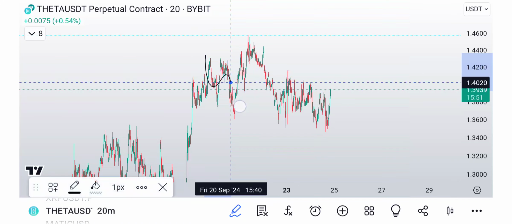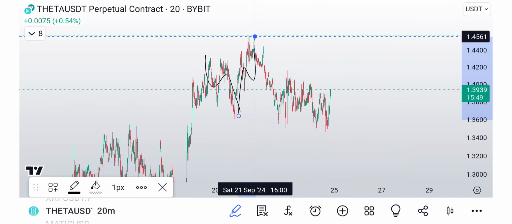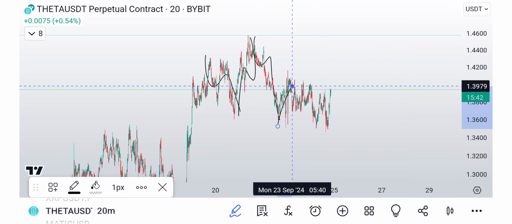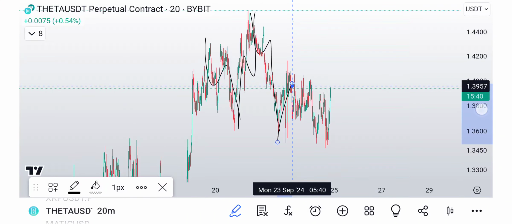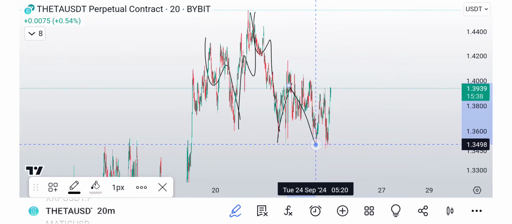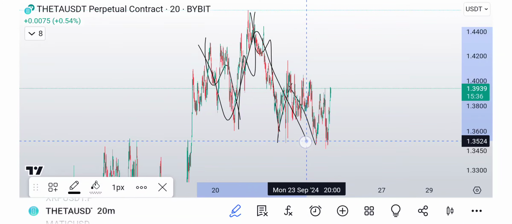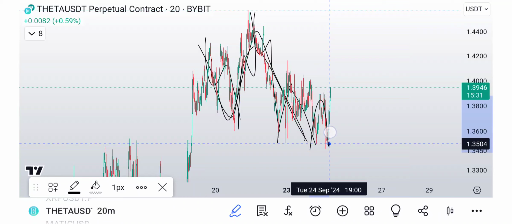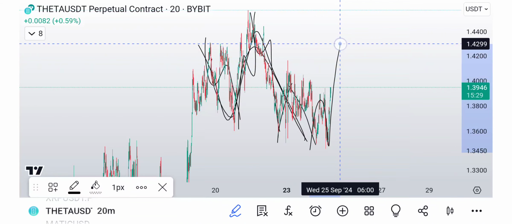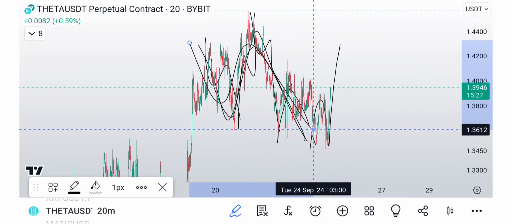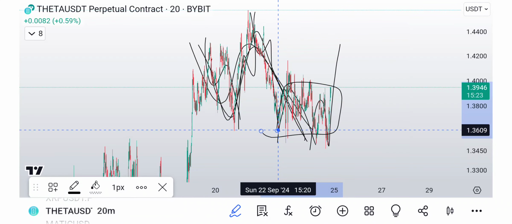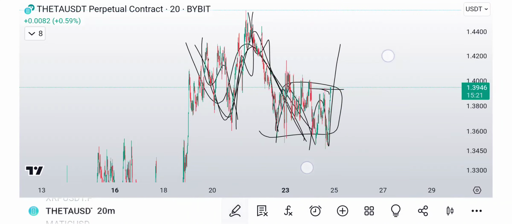Because we have 3 down, we have 3 up, and this looks like it could be 5. 1, 2, 3, 4, and is that a lower low? And then 5 down here. So this could be an expanded flat, an A, B, C, and now we have a 1, 2, and now we have another 1. Maybe this comes up, right? So we have that 3-wave shape. We're sort of in this cluster zone, so we have to wait and see at the moment.